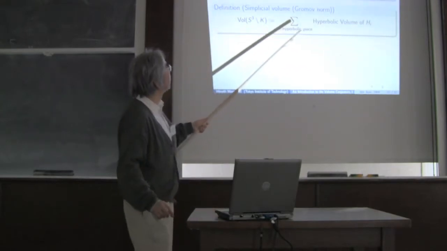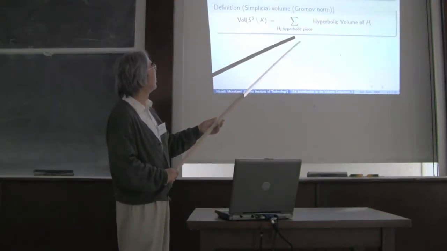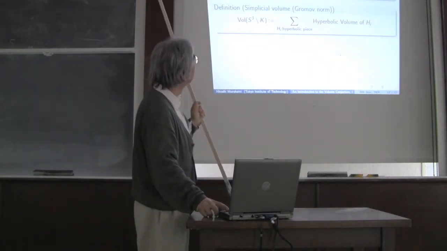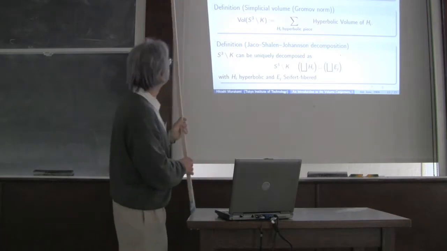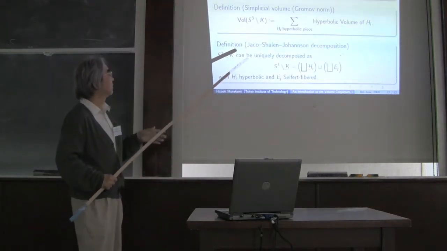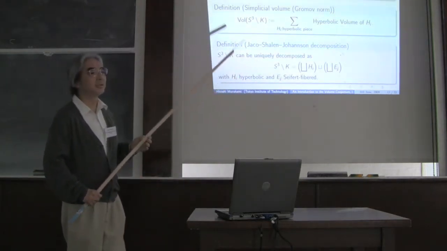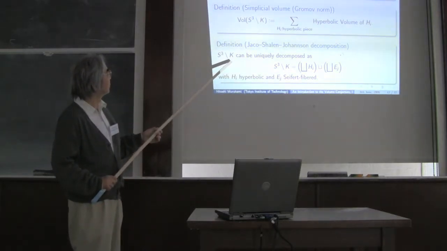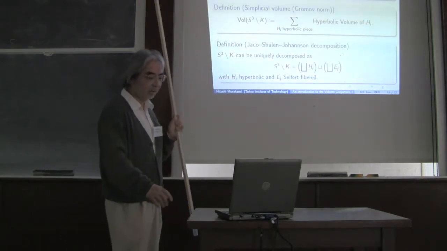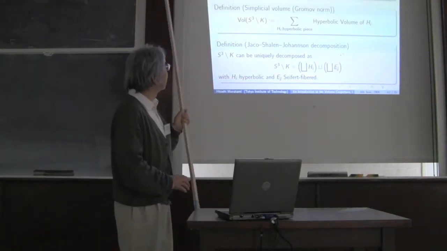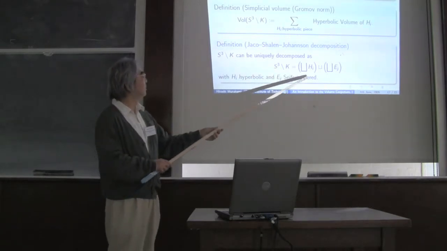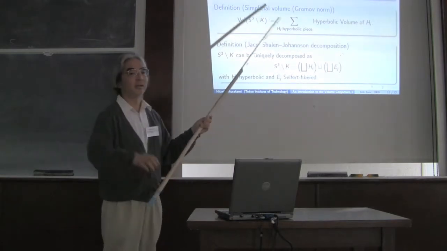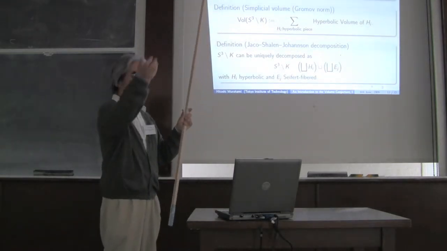It is by definition the sum of hyperbolic volumes of the hyperbolic pieces of the knot complement. Then what are the hyperbolic pieces? It is given by this decomposition known as the Jaco-Shalen-Johannson decomposition. It tells that any knot complement can be uniquely decomposed into a sum of hyperbolic pieces and Seifert fiber pieces, and the union is given by pasting along tori.